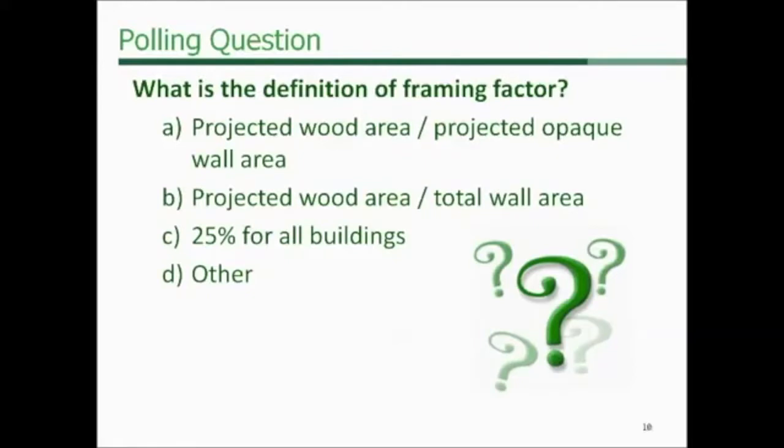And that's the difference between A and B. And C is a fairly decent answer in that that's kind of your default value if you're using 16 inch on center studs. So truth is all the answers are okay, but the answer I was hoping that you would guess was A, because that's how I emphasized it in this presentation.